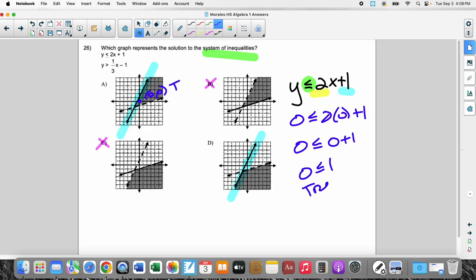That's a true statement. And that's what it said. So my answer is going to be A because it worked for it. And what does this say about 0, 0? This graph says that it's false, but that's not what we got when we plugged it in. We got true, so we know that this is the graph that represents it.